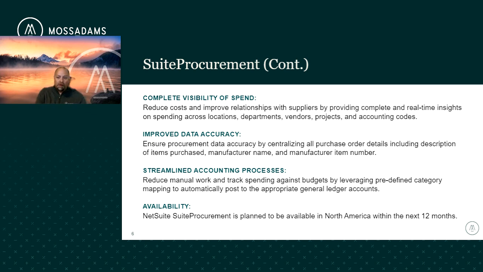So this is an area here that punch-out solutions we've implemented in the past have, people have really valued, is the fact that we can track the spending against budgets. We can leverage the predefined category mapping that NetSuite offers from an expense standpoint, so we can automatically post those transactions to the proper GL accounts, and we're not having to do this manually.